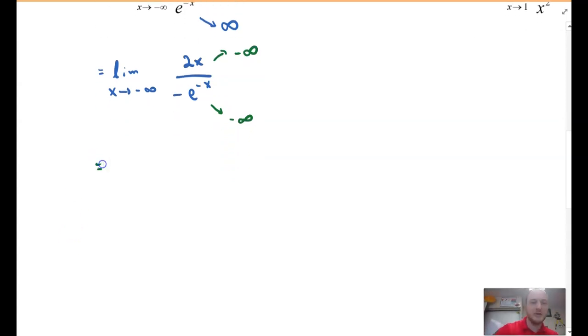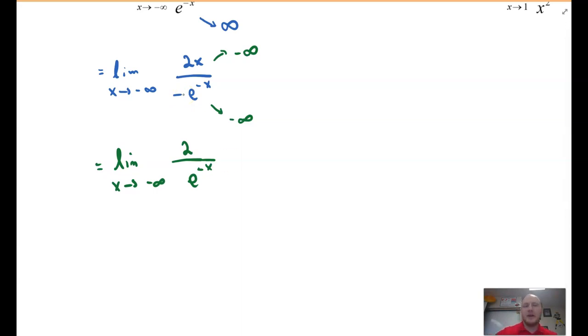Okay, why are you freaking out? Sure, just do L'Hopital again. Oh, I can do that? Yes, you can. Okay, so as x goes to negative infinity, derivative of the top is 2. Derivative of the bottom is just going to give us, again, e to the negative x. And then with the chain rule, we will get a negative times negative, so that's positive.